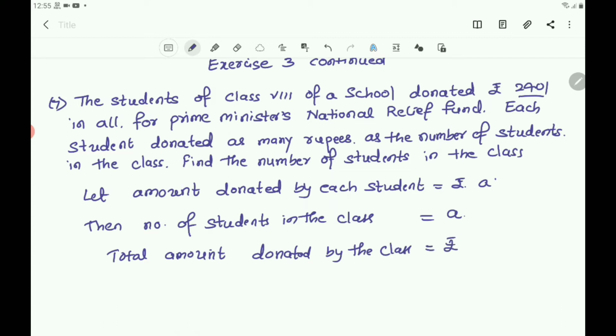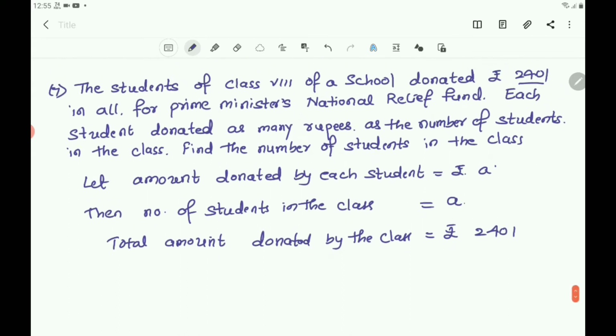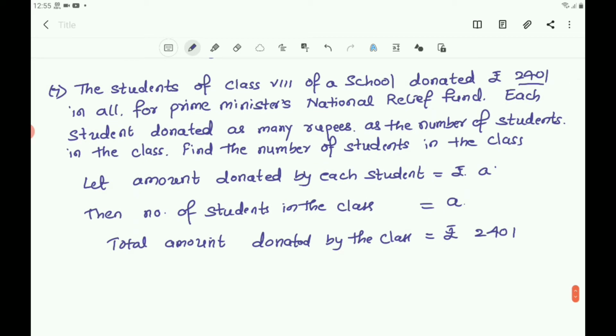That is rupees 2401. So you know that this 2401 is equal to the product of A and A, that is, the amount donated by each student into the number of students.